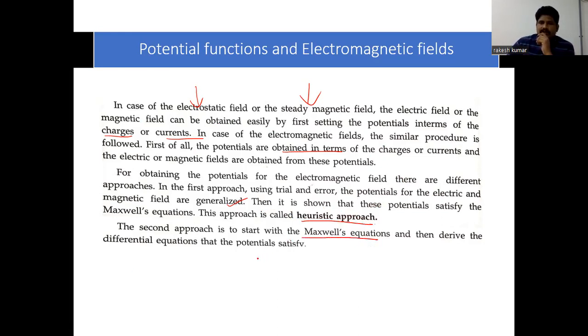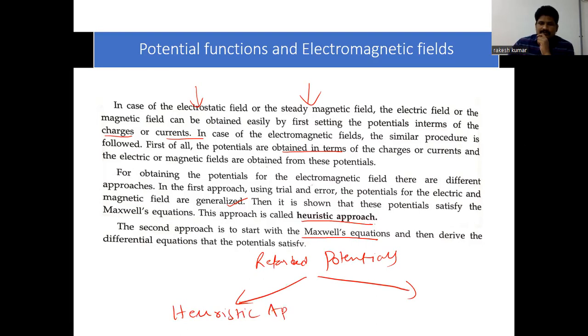So in order to get retarded potentials, there are two approaches. One is the heuristic approach. The other one is the Maxwell's equation approach.